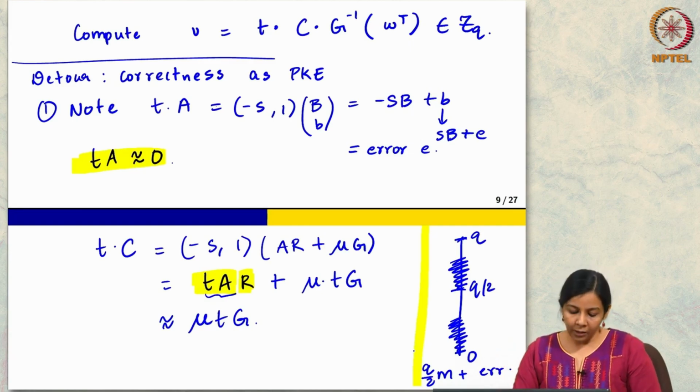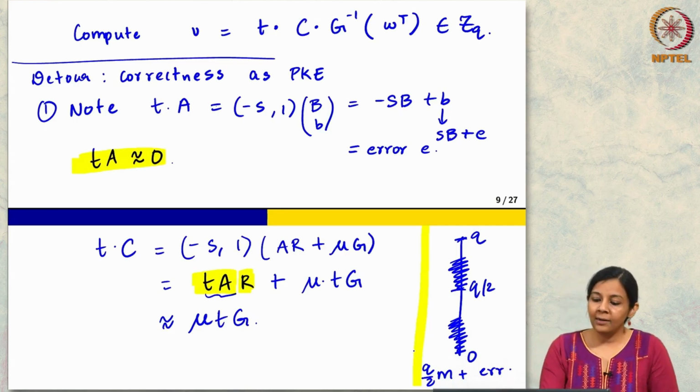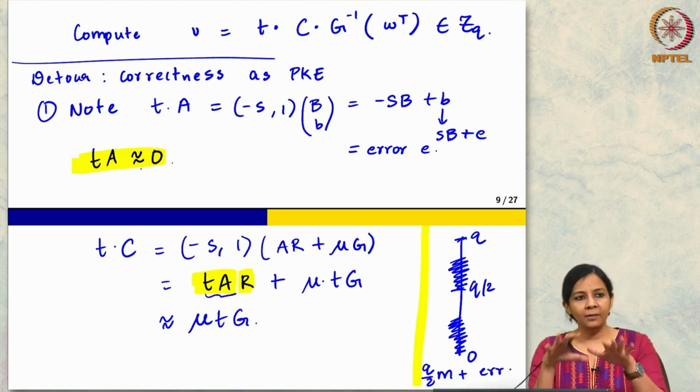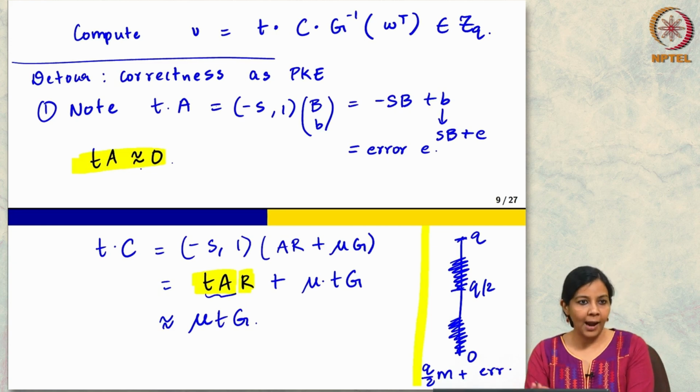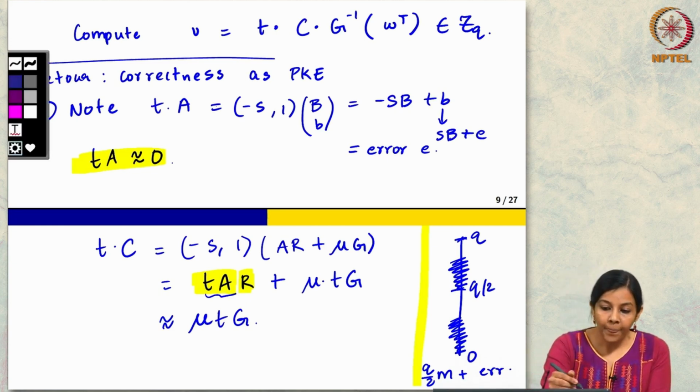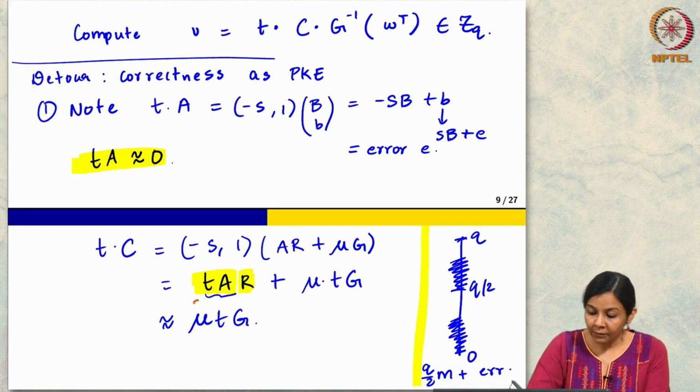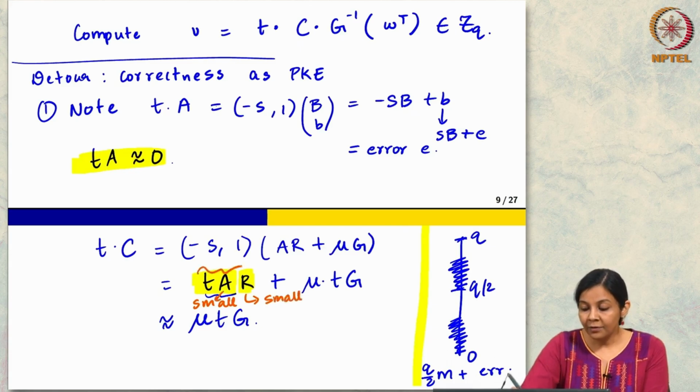So, all of this was to say that t times a, we already said, is small, by construction of a and by construction of t. We saw this. Now, r is also small, so this whole thing is small.